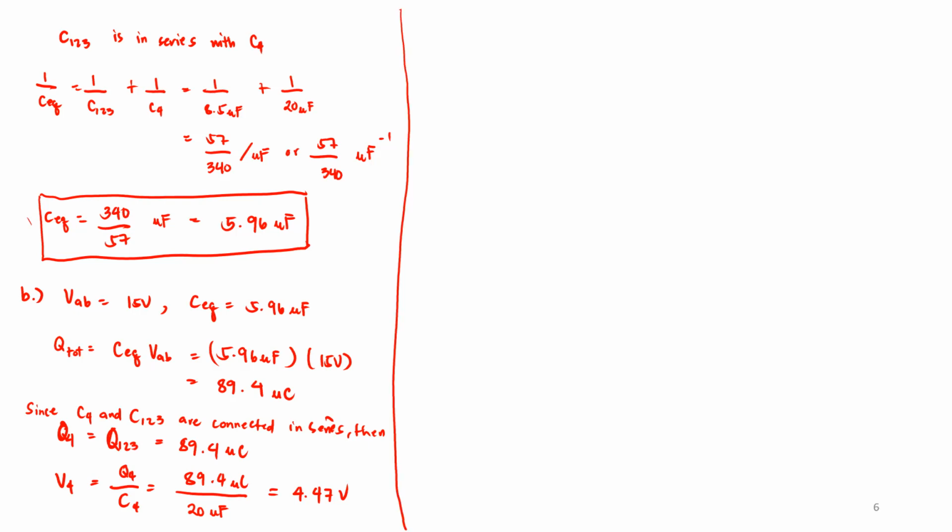Since C4 and C123 are connected in series, your VAB should be equal to V123 plus V4. When we add the voltage drop across C123 and C4, we will get the voltage across point A and B. We know that this is 15 volts, and this one is 4.47 volts.